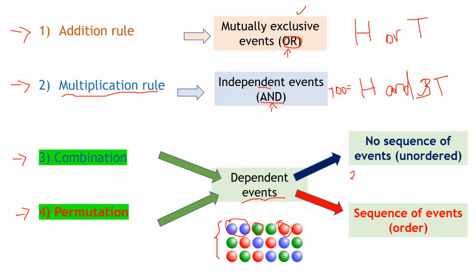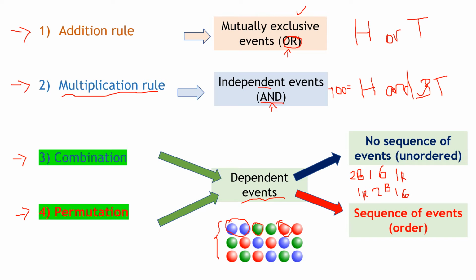Here it can be 2 blue, 1 green, and 1 red, or 1 red, 2 blue, and 1 green. The order doesn't matter, and you can have even 1 blue, 1 green, 1 red, and 1 blue. You have many different ways to organize it, so you have many more options.